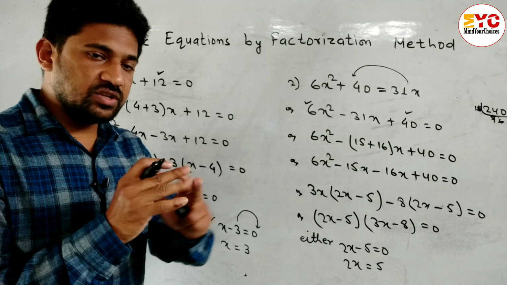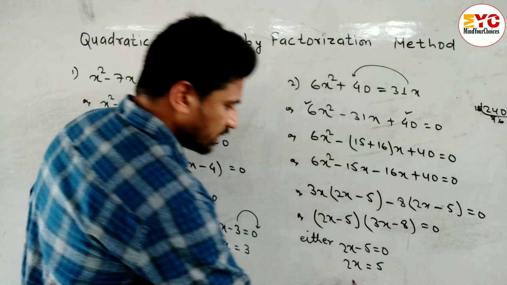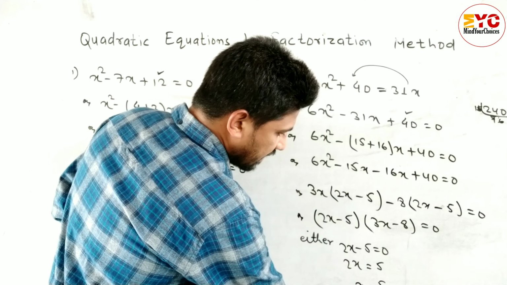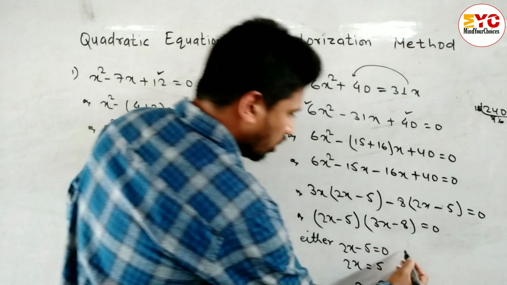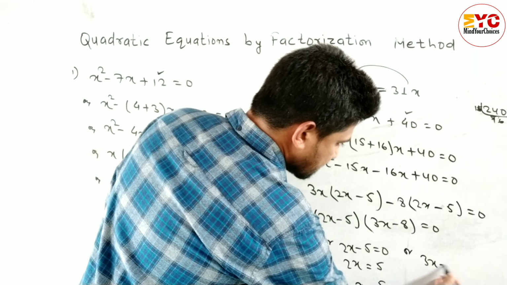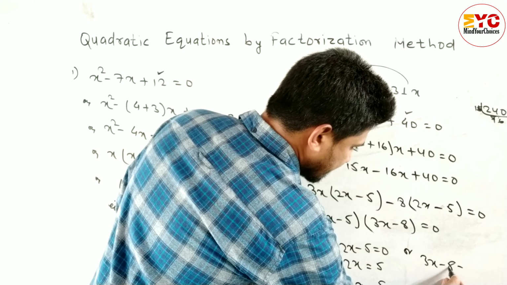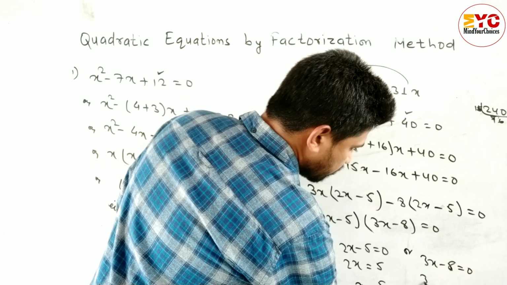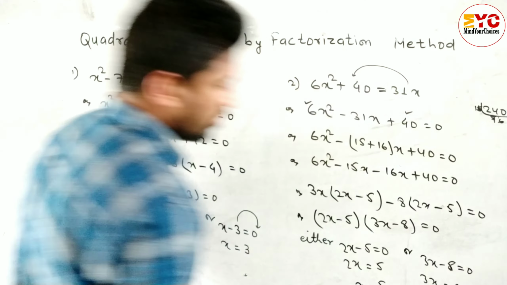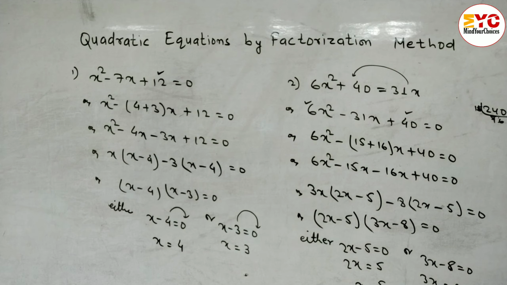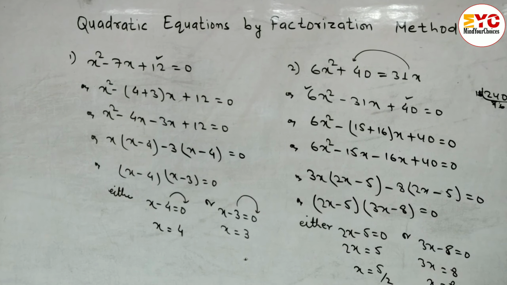When you change the number, we have to change the sign. So value of x is equal to 5 by 2. Next, 3x minus 8 is equal to 0. Now 3x is equal to 8 and x is equal to 8 by 3. Hope you understand both questions which are on the board.